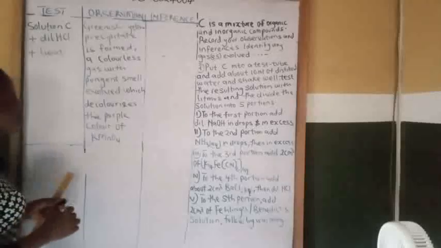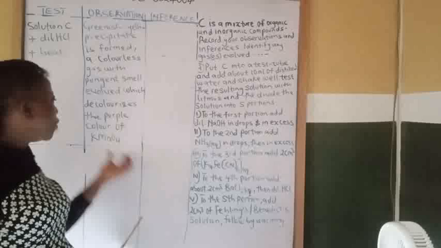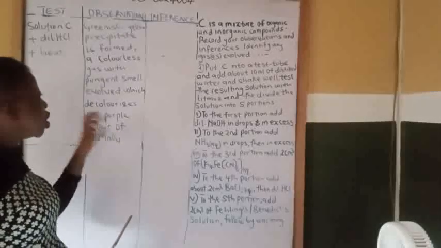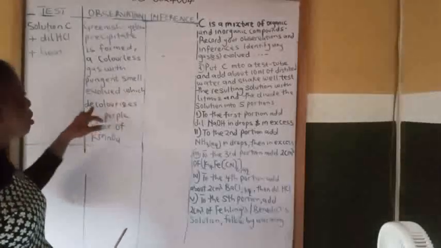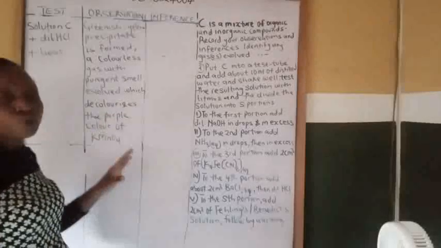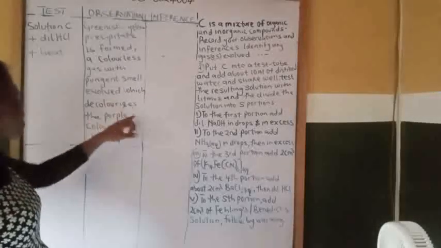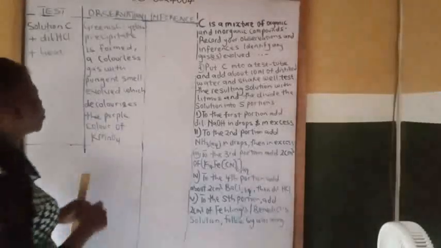Or you can use K2Cr2O7, that is potassium dichromate. If you use potassium dichromate, you say which turns the orange color of potassium dichromate to green. But if it is KMnO4, which decolorizes the purple color of KMnO4.